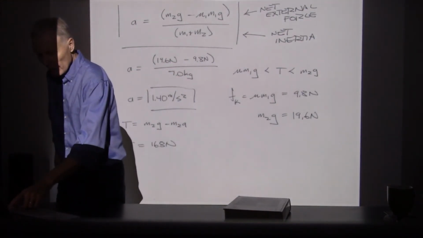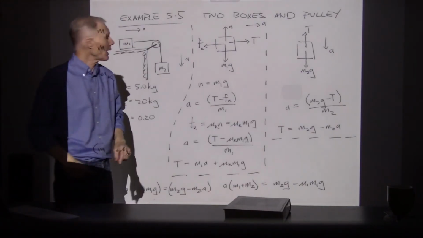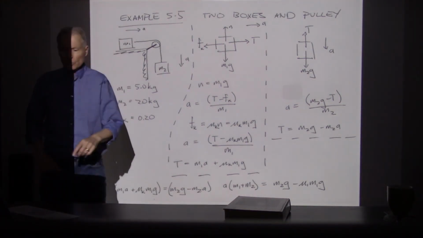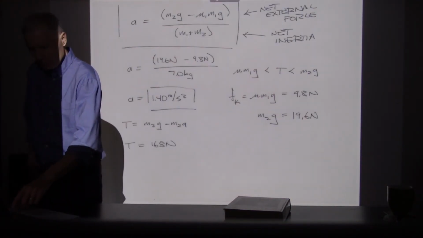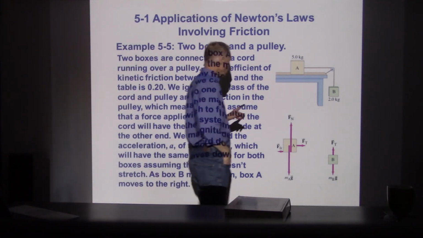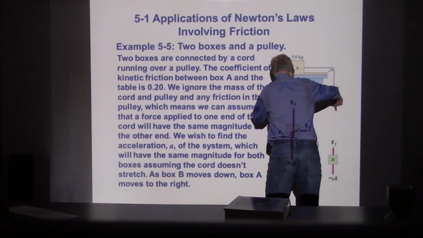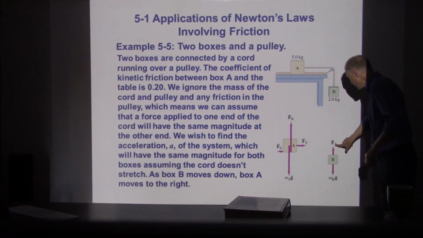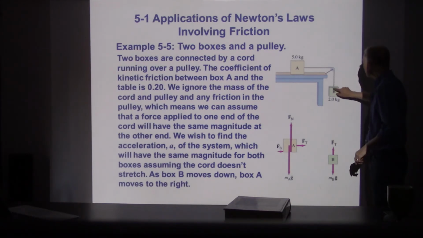Let's go back and look at that diagram and see how that worked. Actually, let's go all the way back. The largest force here would be M2g. It's going to be bigger than the tension. The tension's going to be a little less because this is accelerating.